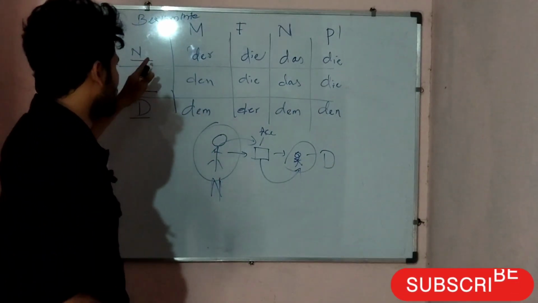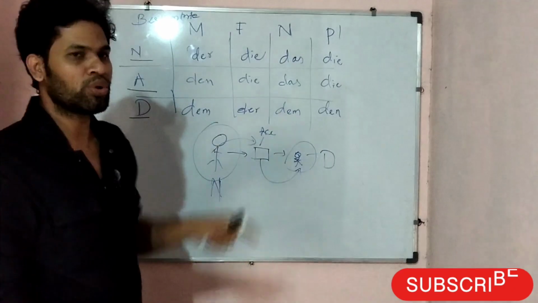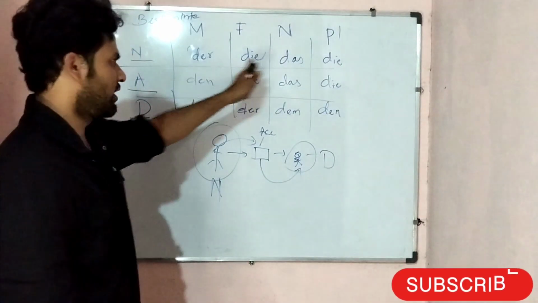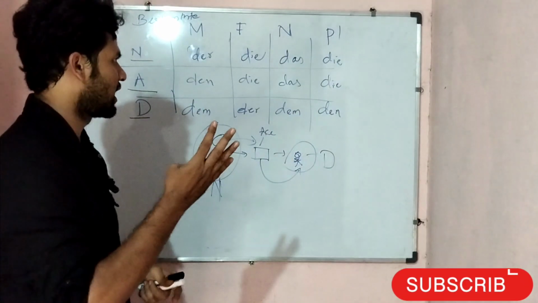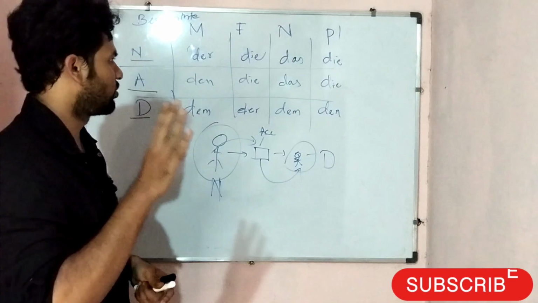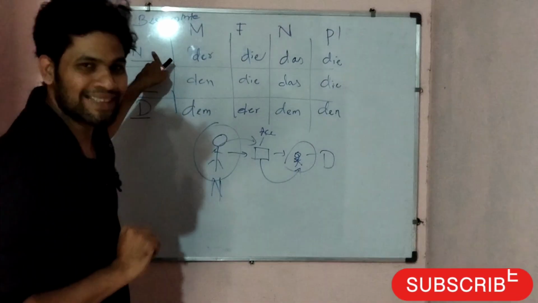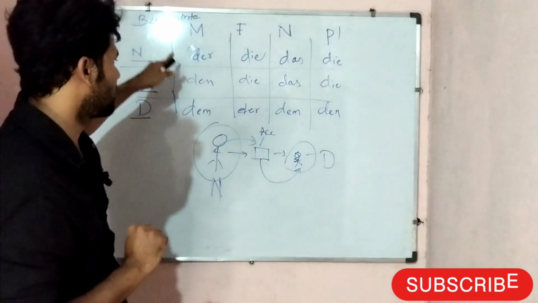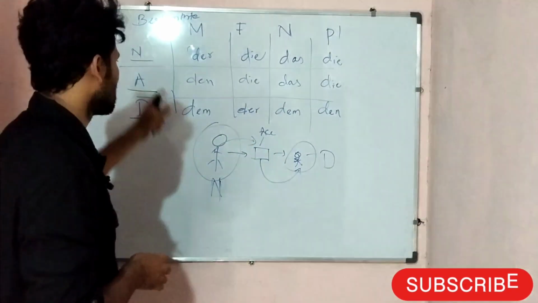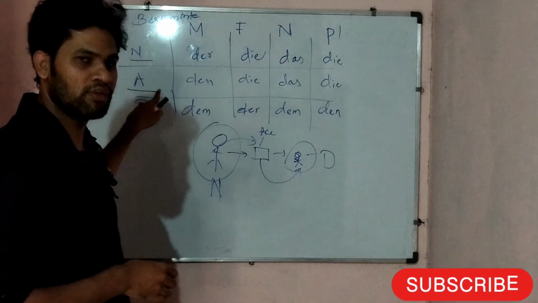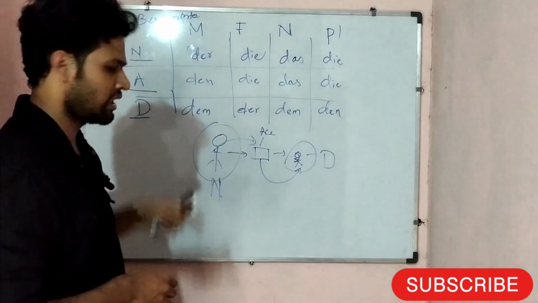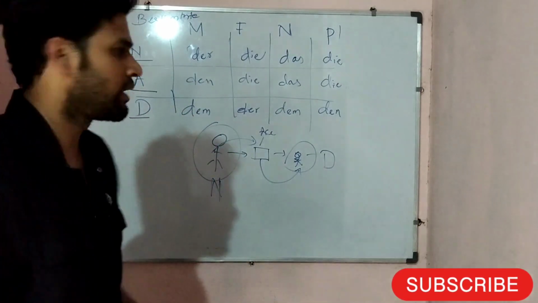First I'm going to teach you how to use the nominative case. I'm going to take 3 to 4 nouns, and teach you how to use the subject, so that you will also understand the direct object, which is accusative, and the indirect object, dative. So we will learn that today.